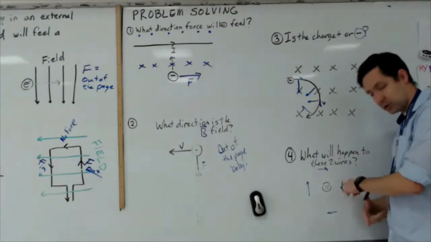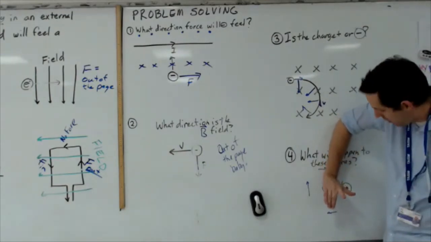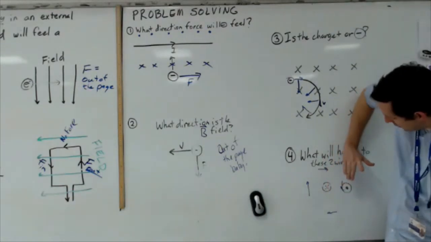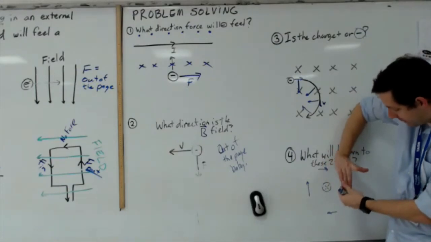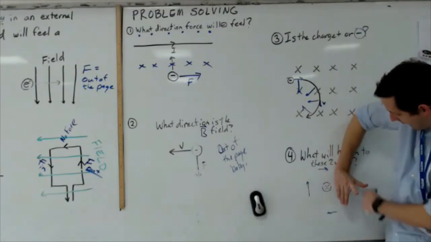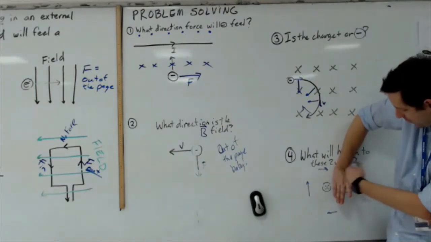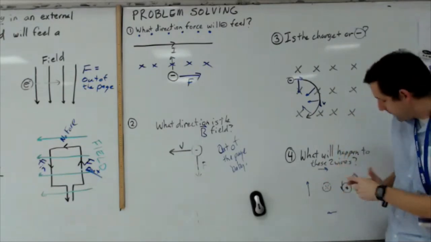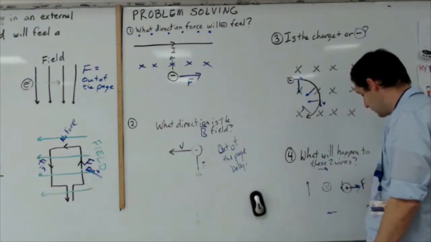The magnetic field is down. I'm just putting my hand in that position. So velocity coming out of the page, magnetic field down. What do you see happening to my thumb? The thumb is pointing over to the right. So I would say this one is feeling a force to the right.